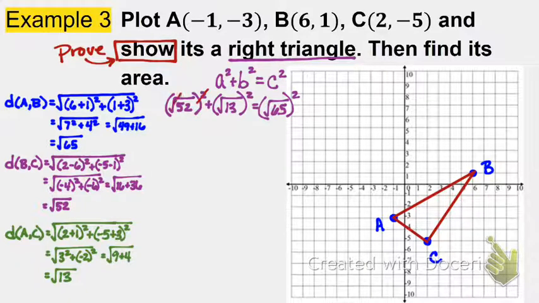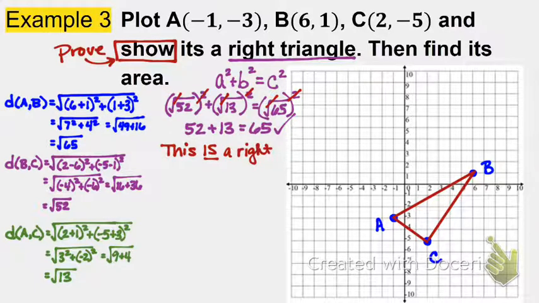And when I square these, the square root cancels out. So I'm left with 52 plus 13 equals 65. Is that true? Yes. So now I know for a fact that this is a right triangle.